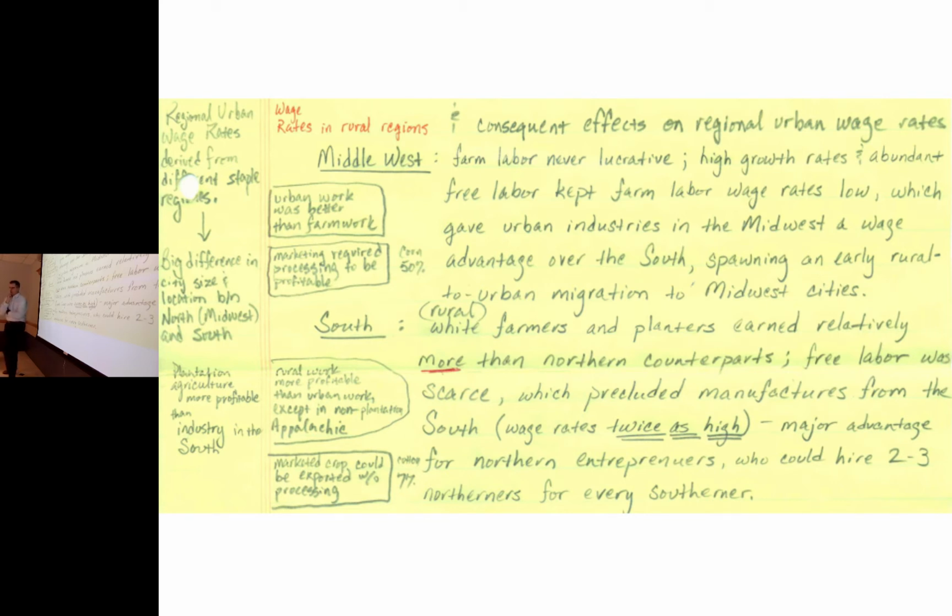So, some of you maybe are Civil War historians. What were the industrial centers of the South during the Civil War? What places in the South manufactured arms or ordnance?